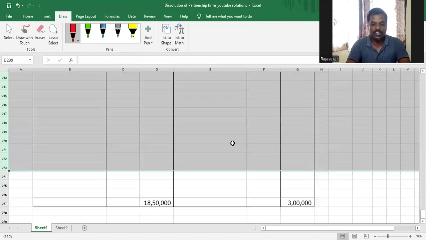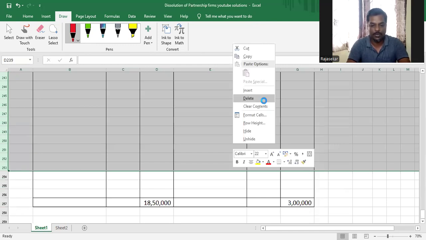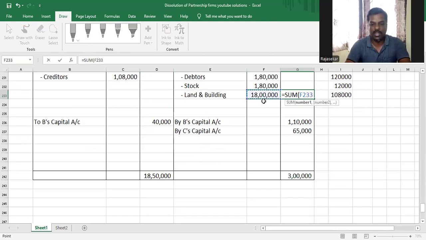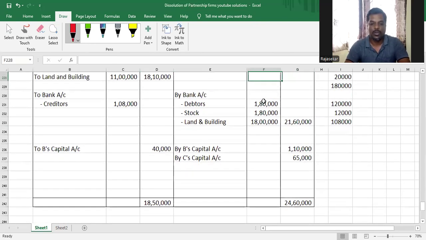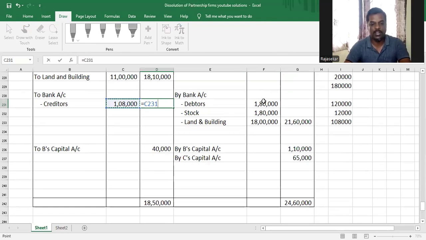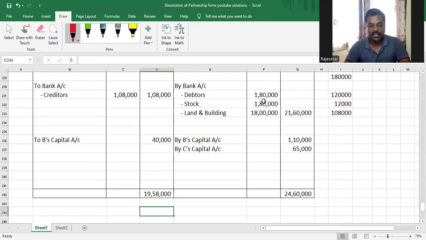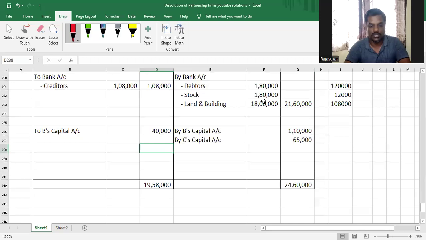So what we see here is we have 18,50,000 on the debit side and 3 lakh on the credit side, but that's only because I have not added this and written it on the debit side. So now we have this 1,08,000, nothing to add here. So we just write 1,08,000 on the outer column. So we have 24 lakh 60,000 on the credit side and 19 lakh 58,000 on the debit side.